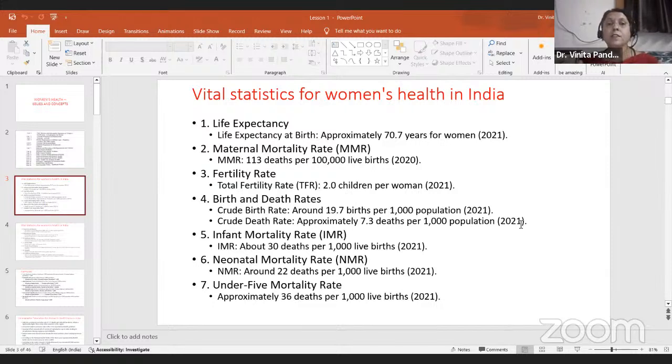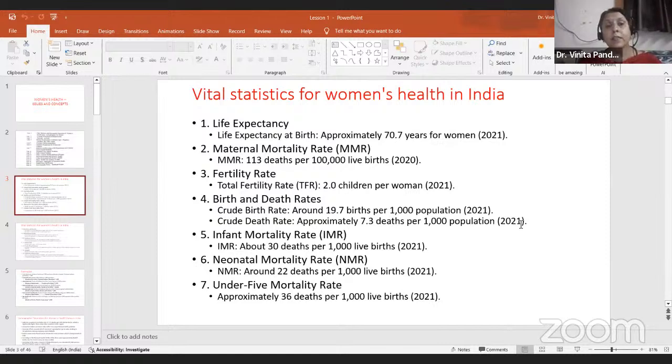So, this particular screen is also giving us a broad understanding about the statistics connected with these important concepts related with demography, specifically health demography.